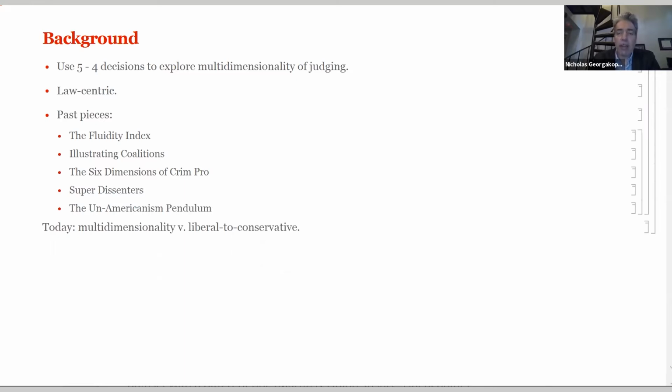And in the case of un-Americanism prosecutions, the McCarthy era after the Second World War, we see how the fear of communism changes the way the judges vote. But this project is about juxtaposing the multidimensionality of judging with the concept that we think of decisions as liberal or conservative.